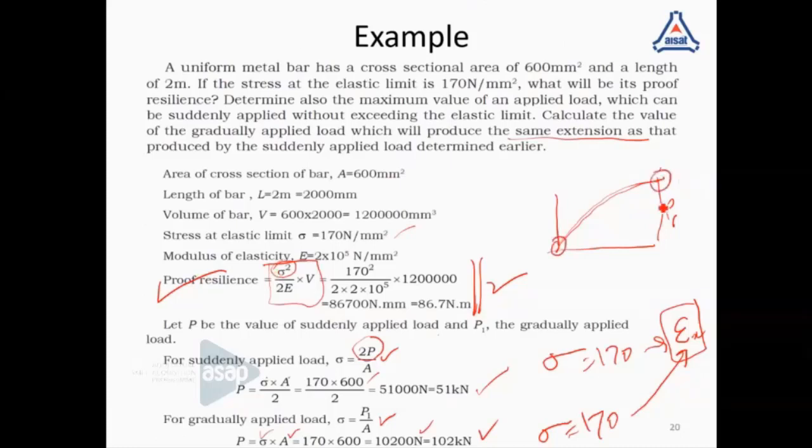During this course, the stress is also varying from 0 to the maximum value of say 170 Newton per millimeter square. Proof resilience represents the value of resilience at this maximum value of stress, nothing else.